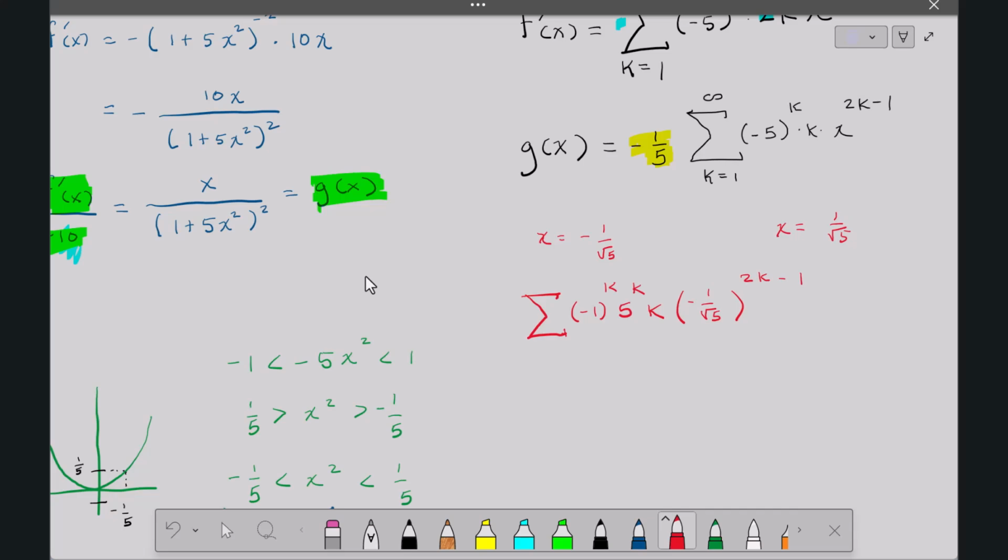So let's just simplify here. We'll leave these front factors alone for a moment. Let's simplify this. The negative 1 will be to the 2k minus 1. And then inside this fraction, I'm going to write that as 5 to the negative 1/2, and that's all raised to the 2k minus 1.